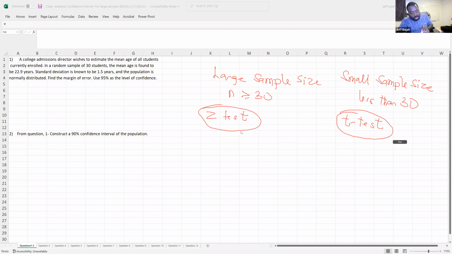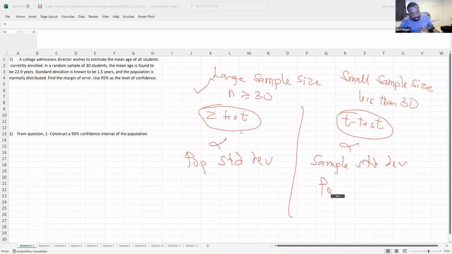So a good way to put it is that z-test is used when you have large sample sizes that are 30 or more, and when you have a population standard deviation given, while t-test is used when the sample size is less than 30, and when you have maybe a sample standard deviation, or a better way to put it is when the population standard deviation is unknown.